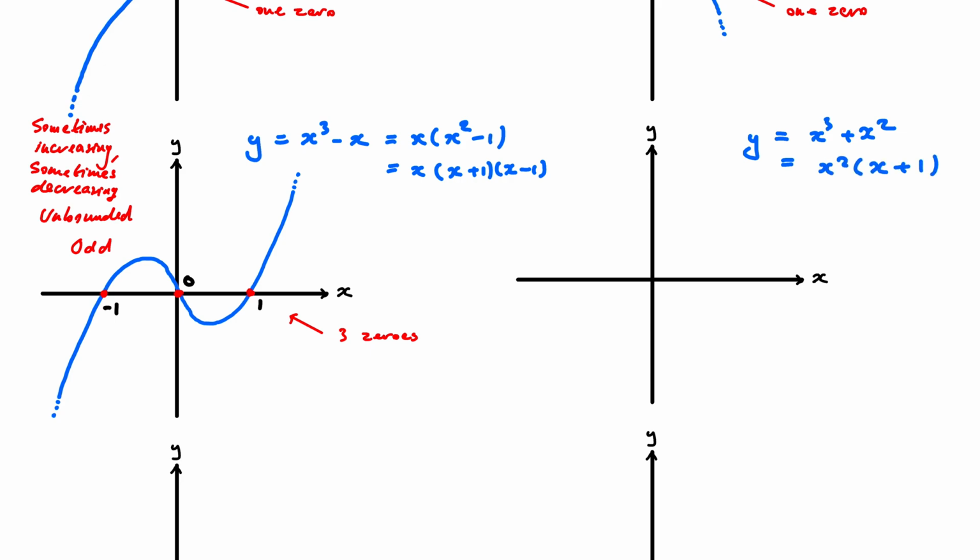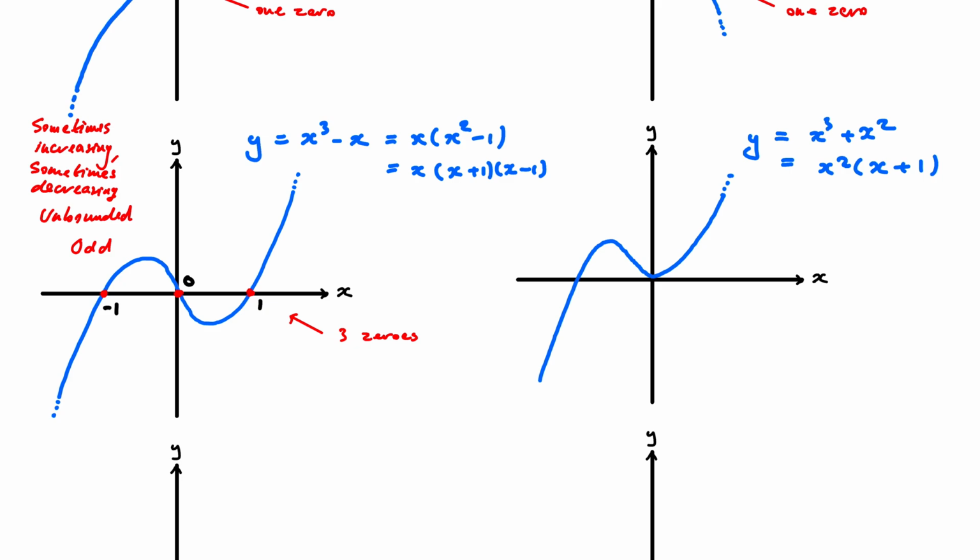Now this one's interesting because what are the zeros of that? We don't have 3 of them, we've only got 2 of them. It's x is equal to 0 and x is equal to minus 1. So this actually looks like the following, and this isn't completely obvious at all. This looks like this basic shape.